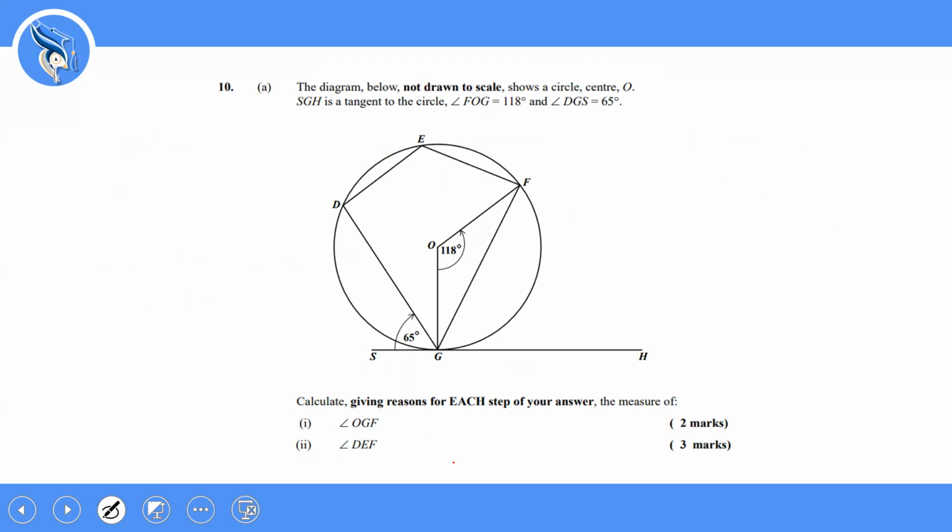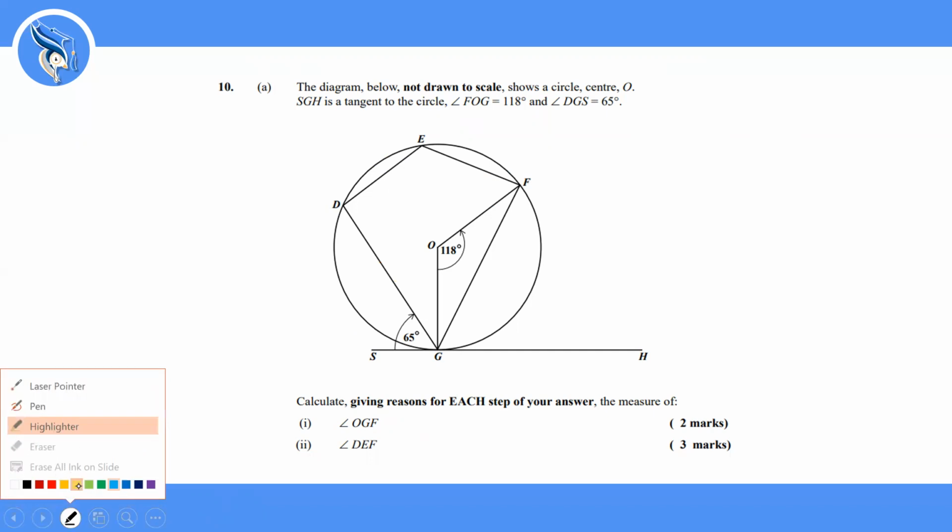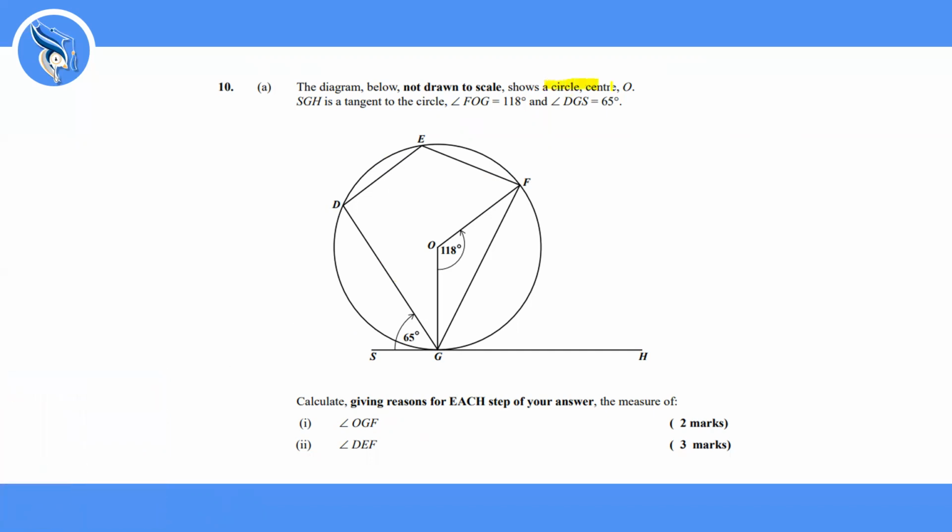Let's do it. Right? So the diagram below, not drawn to scale, shows... What does it show? It shows a circle with center O. SGH is a tangent to the circle.